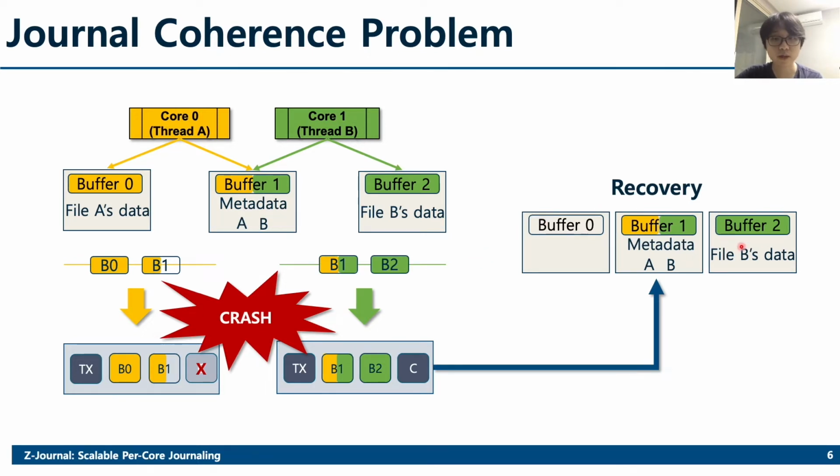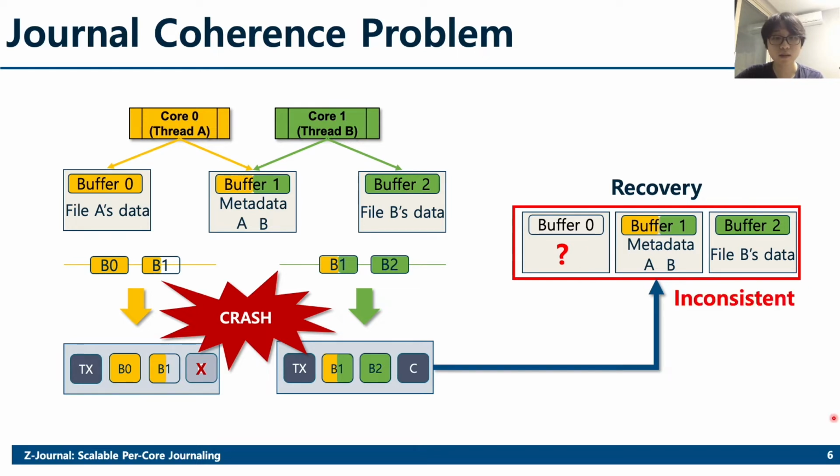Core 1's modification may persist. However, core 0's modification has never been committed. It's incorrect that buffer 1 has core 0's modification at its final state. In order to fully parallelize the journal layer, we need a journal coherence protocol for these parallelized journals.